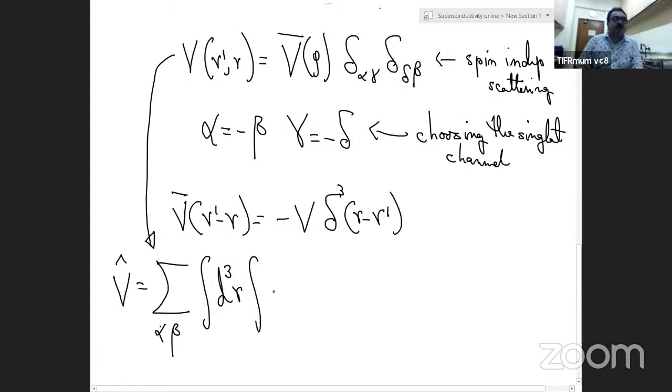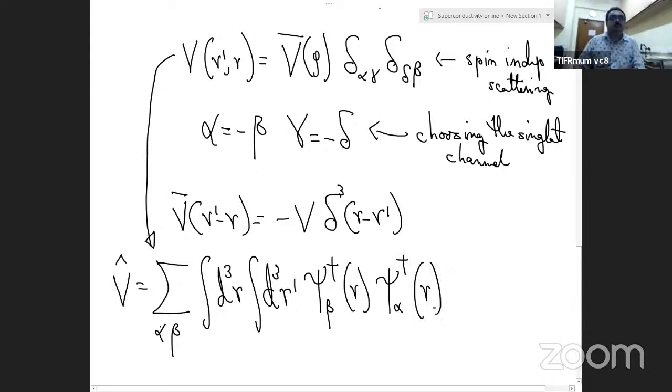But remember, if you think a little bit, this is entirely consistent with BCS theory. Whatever we have done in BCS theory, we are doing here. There should be a negative.